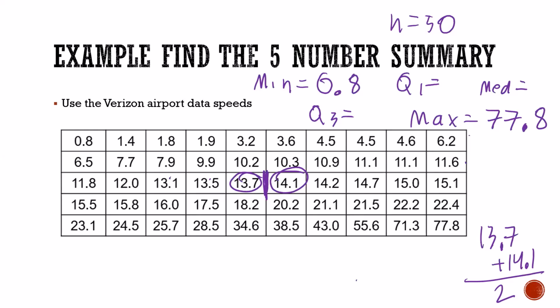You do that, you will get 13.9, exactly in between those two. So that is your median, which is also technically Q2, right?